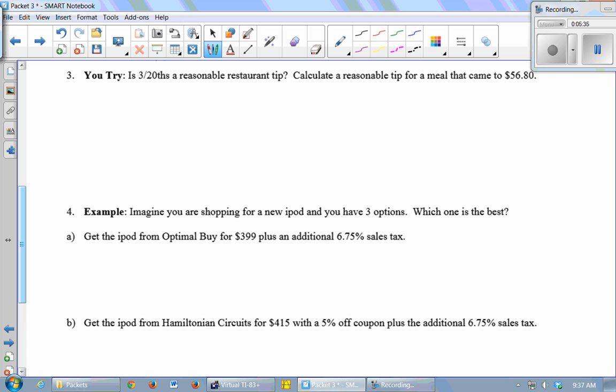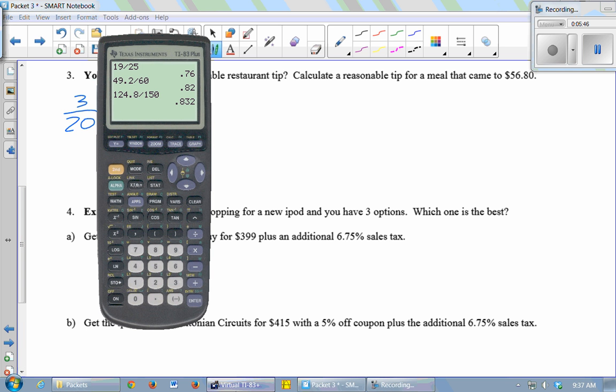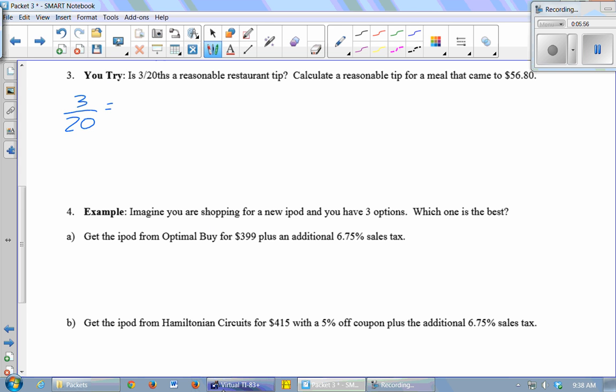So what is 3/20ths as a percent? 15%. There are two ways to get there that I saw people doing. The first way is the way that I showed you in the first example, 3 divided by 20. 3 divided by 20 is 0.15, which is 15%.